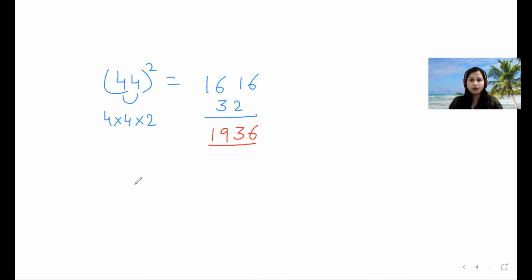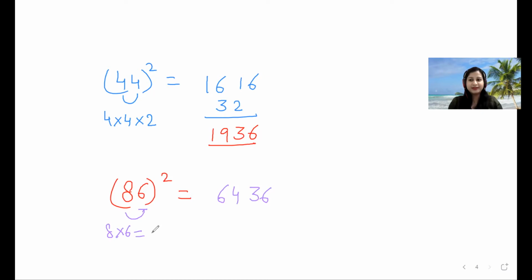So I'm giving a number with the 6 as unit place. Okay, let's solve 86 square. Okay, quickly do the same trick. Yeah, let's see now. So 6 square would be 36, 8 square would be 64. Let's multiply these two digits. 8 multiplied by 6, how much it will be?